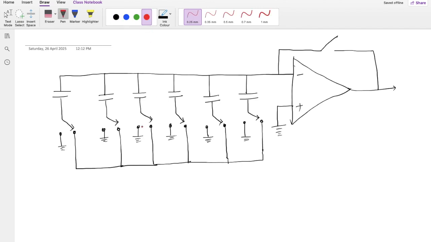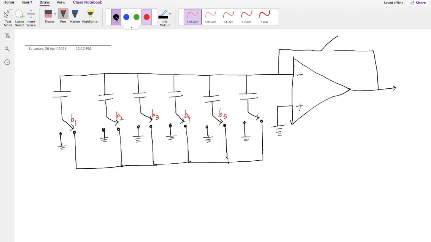These are the switches, and let's give some names to them. This is my bit B1, B2, B3, B4, and B5 for this 5-bit ADC.